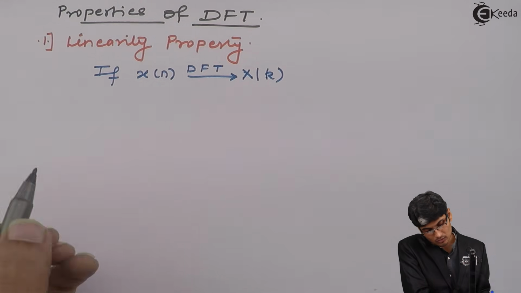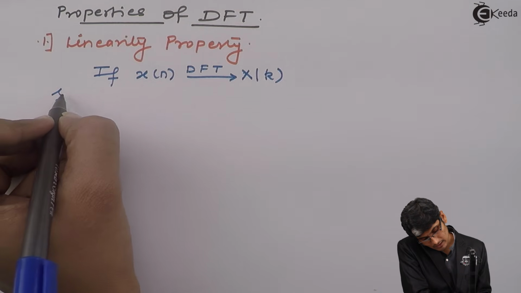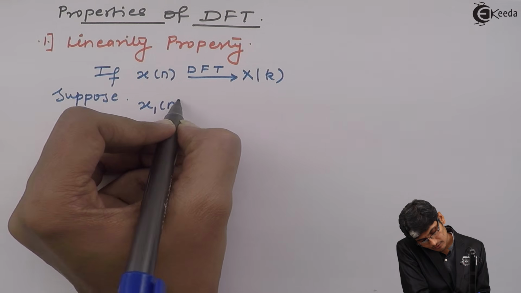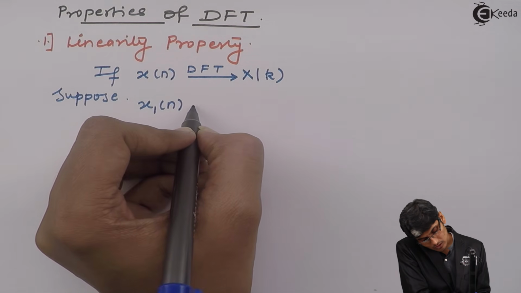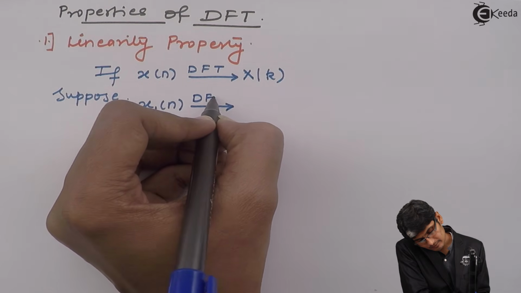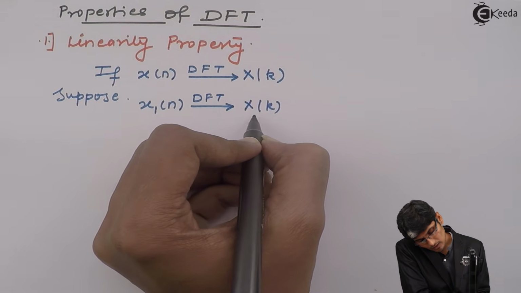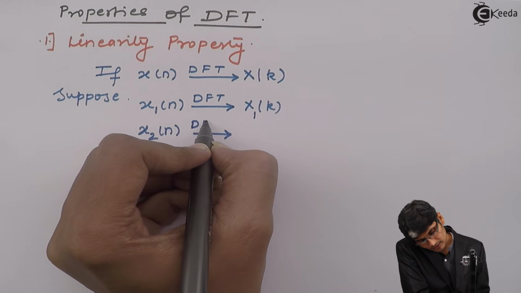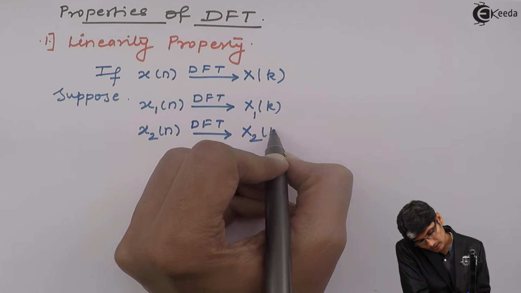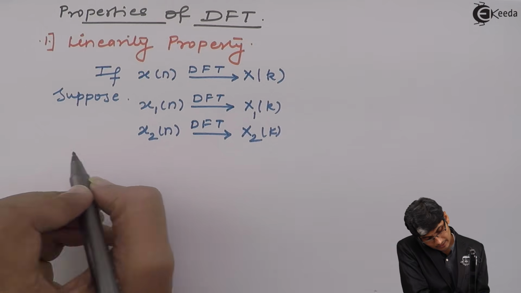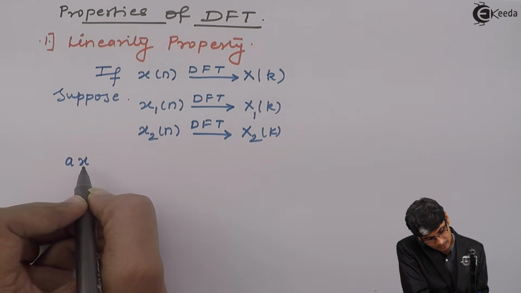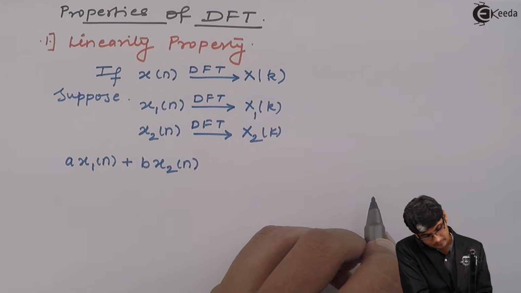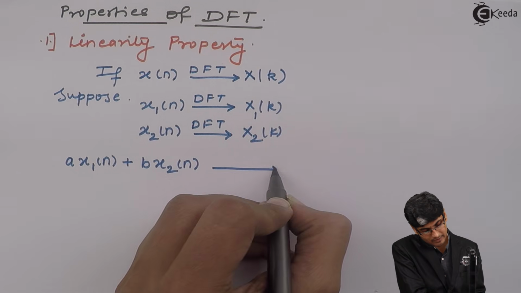Now suppose I have two functions, x1 of n whose DFT is x1 of k and x2 of n whose DFT is x2 of k. And then suppose I have a function a x1 of n plus b x2 of n. Now what will be its DFT?